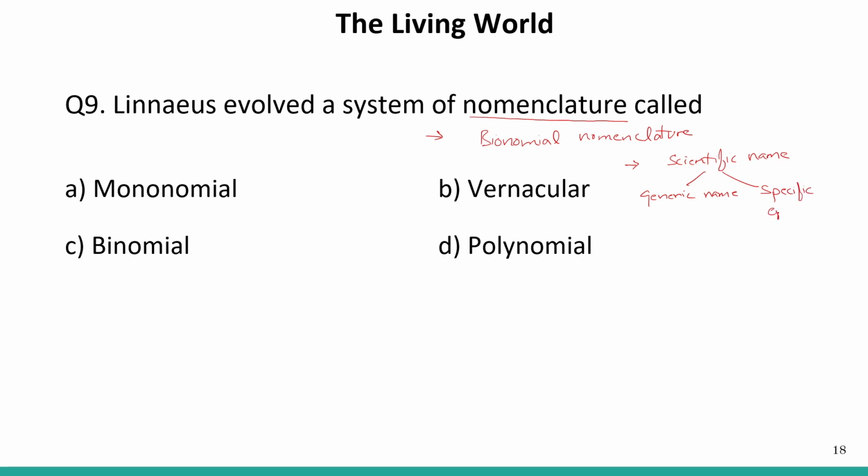And then what we have? The scientific name should be italicized. It should be written in italics, or if not written in italics, then underlined, and that too underlined separately. So these are the major rules.